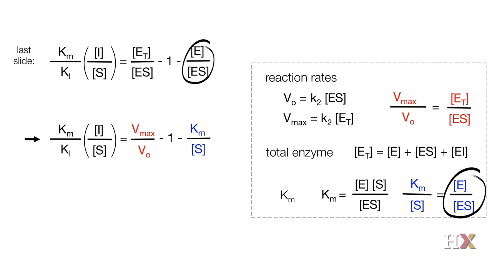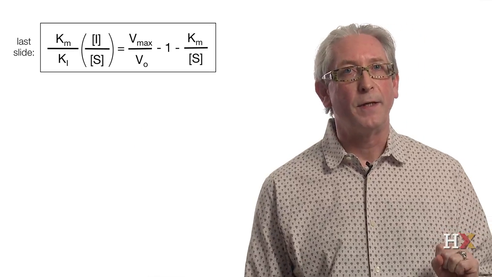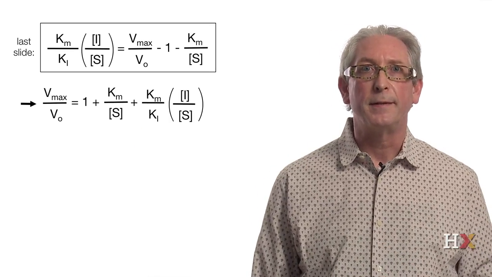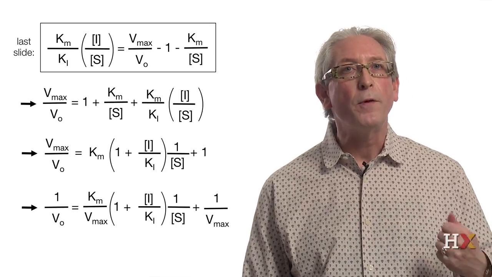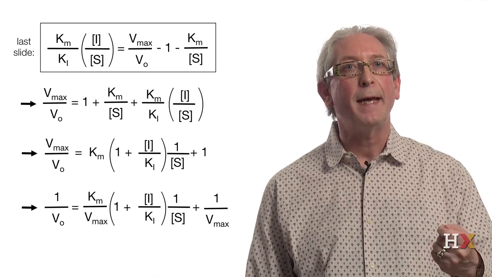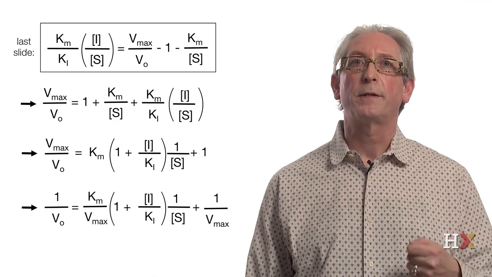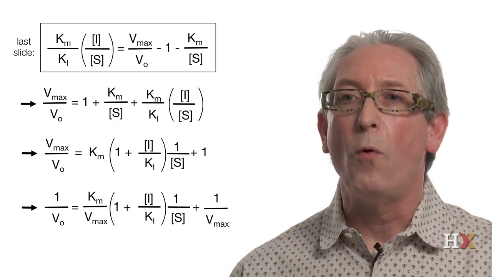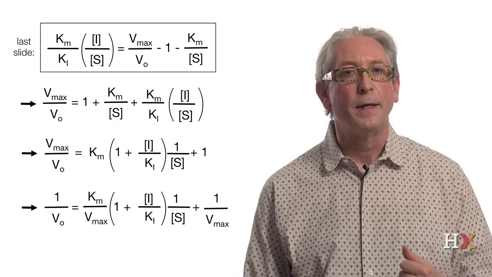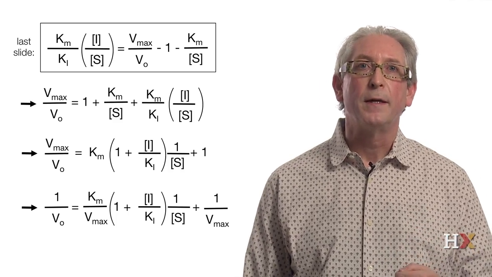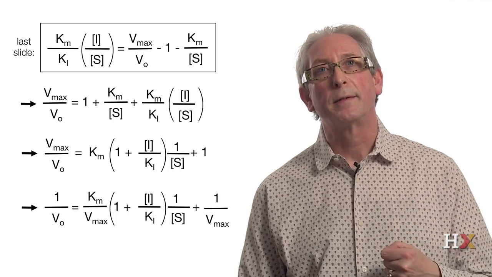So we can now rearrange this equation, trying to put 1 over V0 on one side of the equal sign and the rest on the other side. And what we get: 1 over V0 equals Km over Vmax times 1 plus the concentration of inhibitor over Ki, times 1 over S, plus 1 over Vmax.